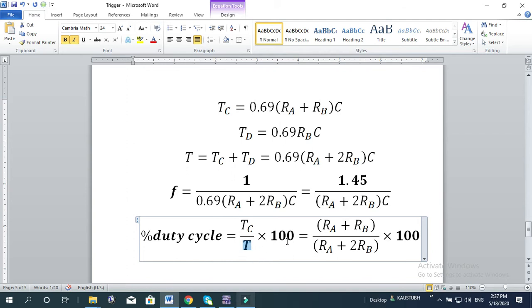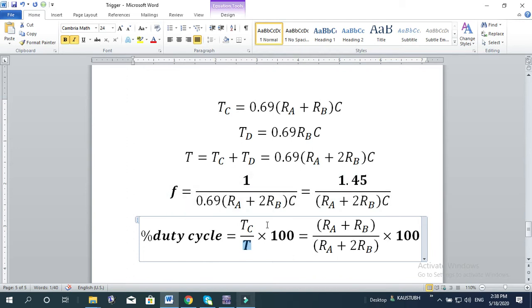Okay, so suppose your total time is 100 and the on time is 50, then it will be 50%. That is your 50% duty cycle, where on time and off time are equal. Now if the on time is less than 50, divided by the total, it will be less than 50%.